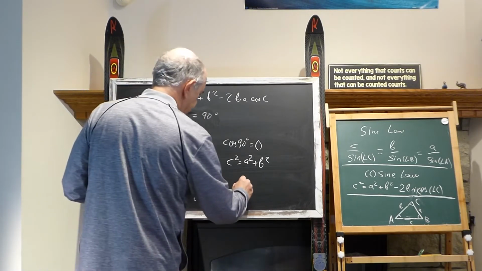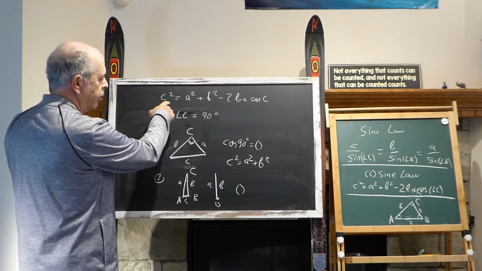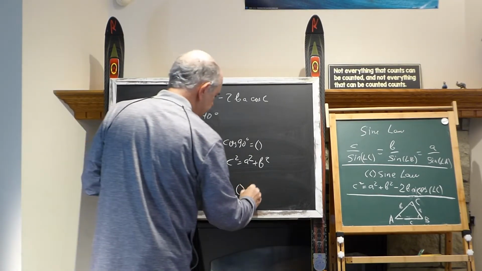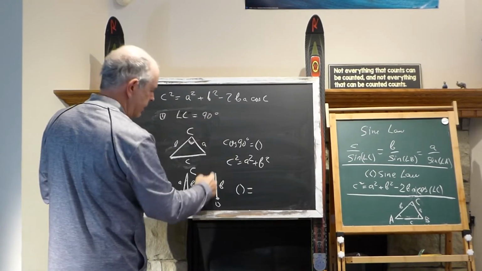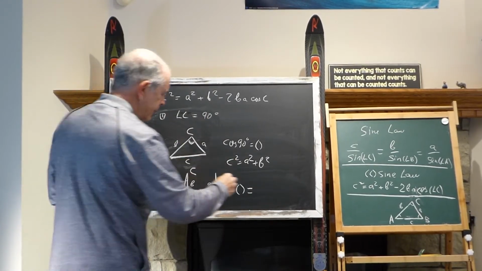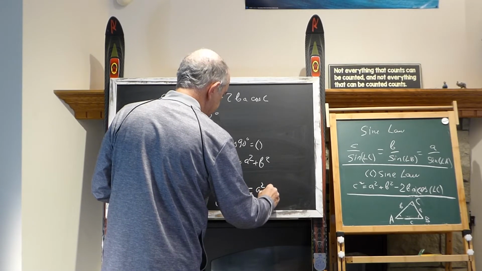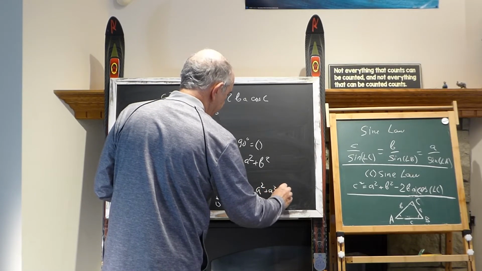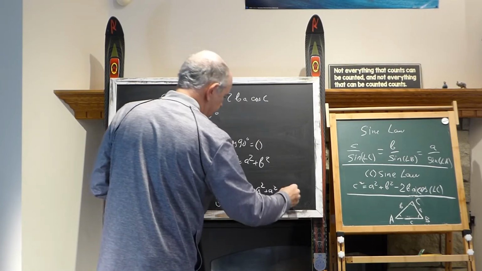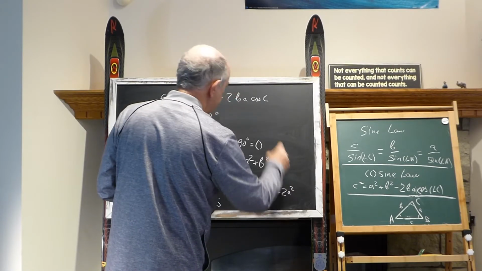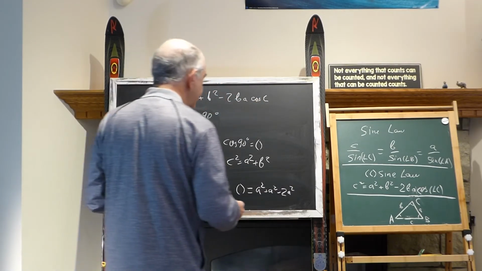And what will we have? According to this formula, we will have 0 equals A squared plus A squared minus 2A squared, because A and B are the same as we're collapsing this together. And what is cosine 0?